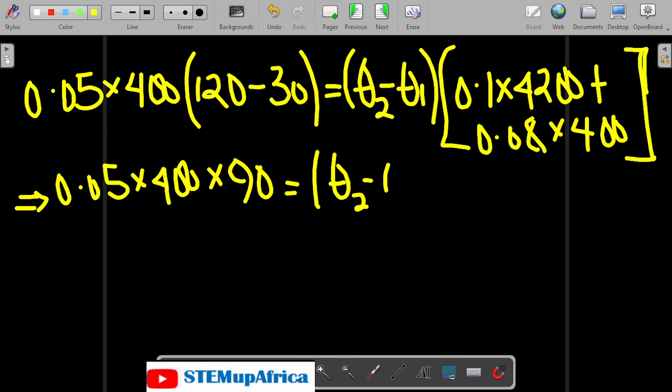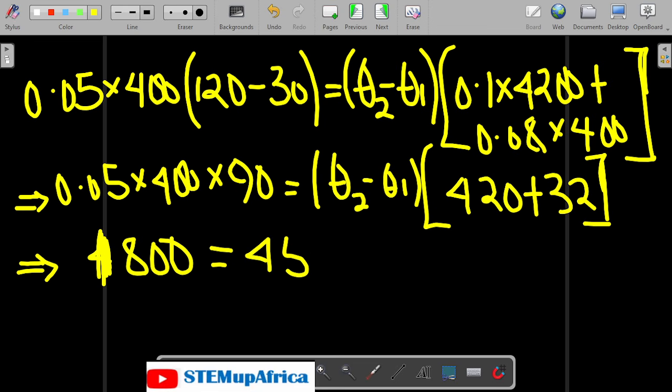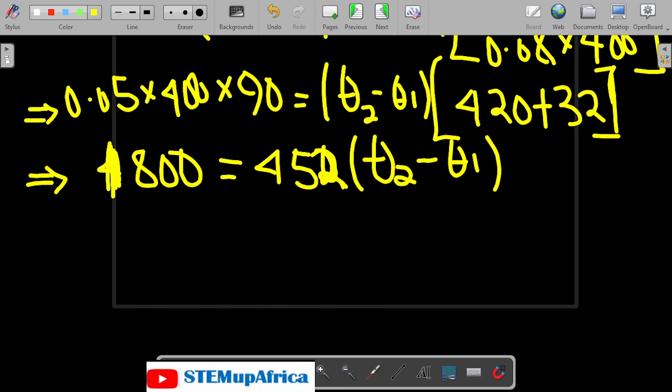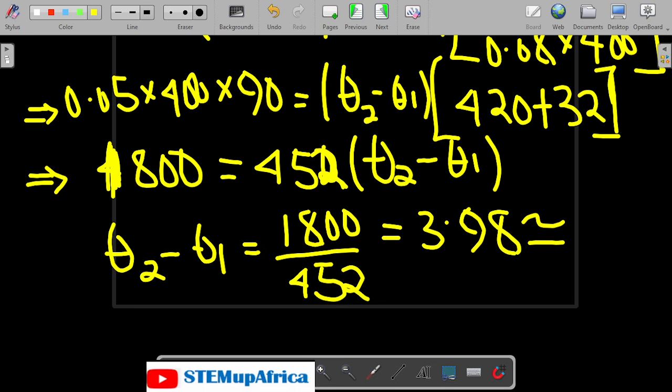On the right I have theta 2 minus theta 1 into 420, which is 0.1 times 4200, plus 0.08 times 400, which gives 32. Multiplying the left hand side gives 1800. Adding 420 plus 32 gives 452, so 1800 is equal to 452 into theta 2 minus theta 1. Making theta 2 minus theta 1 the subject, it is 1800 divided by 452, which gives 3.98, approximately 4.